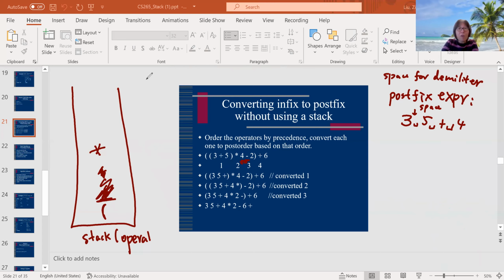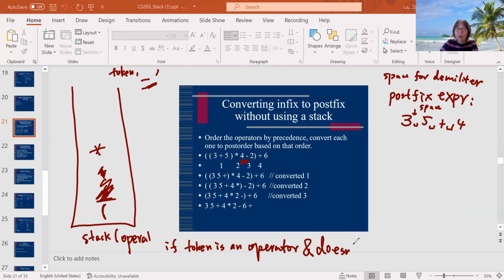So now the token is this minus sign, and the top of the stack is also an operator.